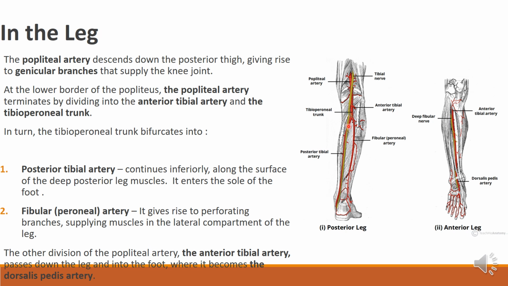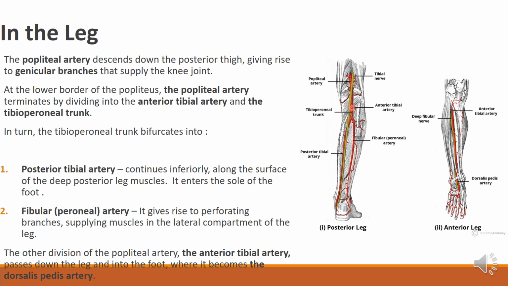This is the posterior tibial, this is the anterior tibial. The posterior tibial supplies the posterior muscles of the lower leg and it enters the sole of the foot. It gives off a branch called the fibular artery or peroneal artery, which supplies the lateral part of the lower leg.